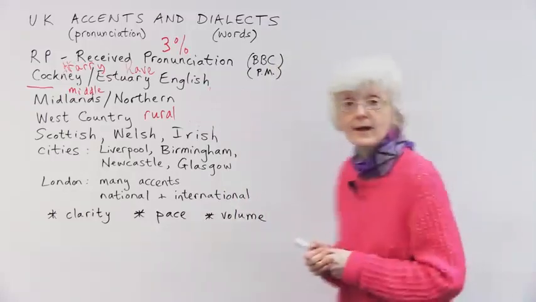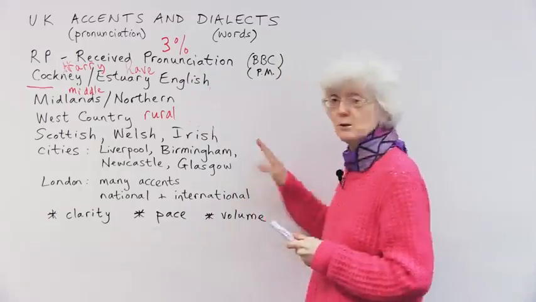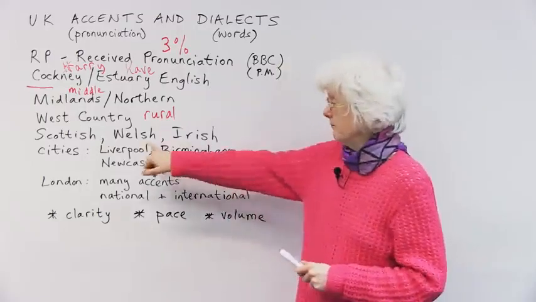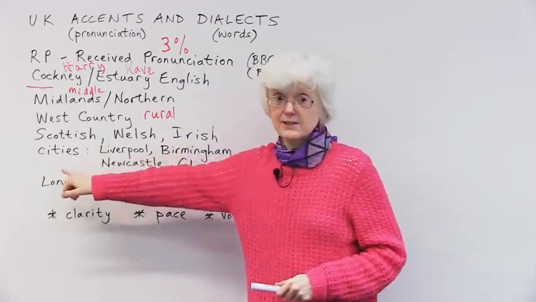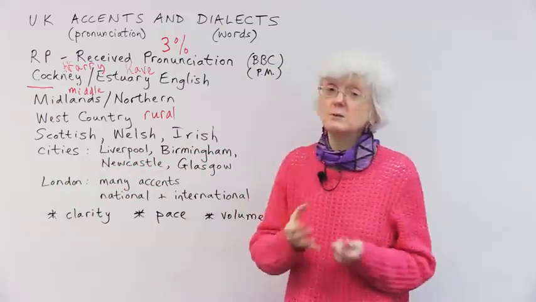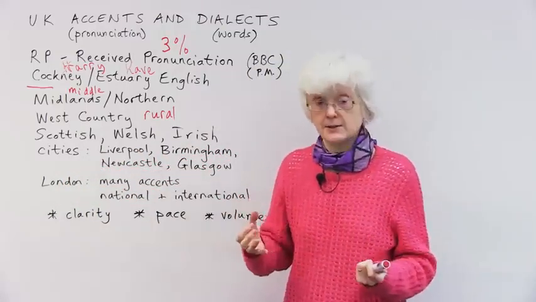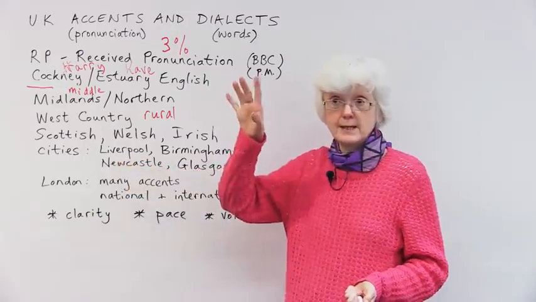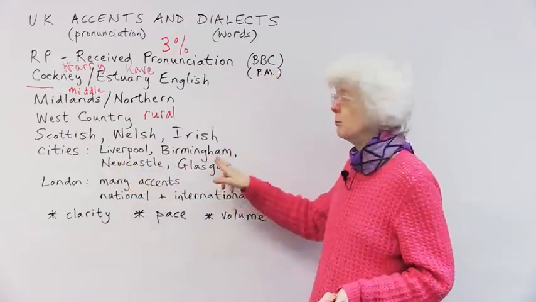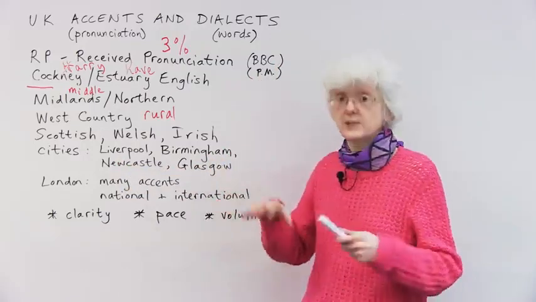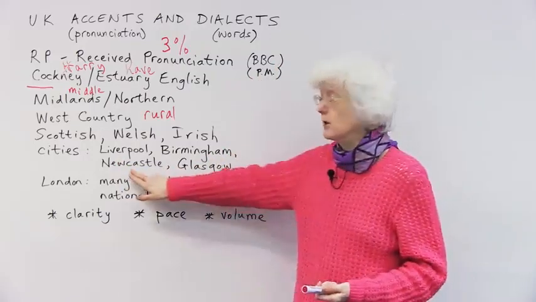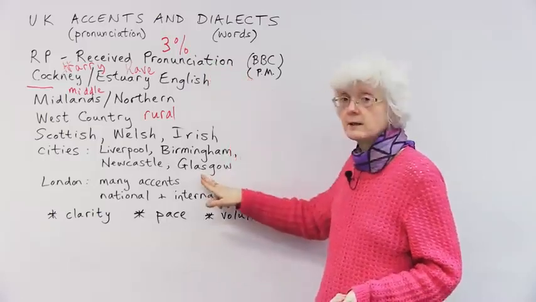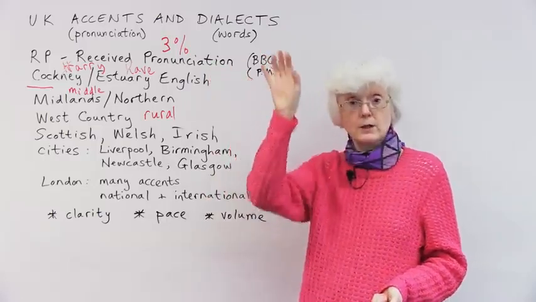Okay, so just one more example for you. There are various cities which have their own distinct accents. Places like Liverpool, which is up in the northwest, Birmingham, which is in the West Midlands, Newcastle, which is in the northeast, and Glasgow up in Scotland.